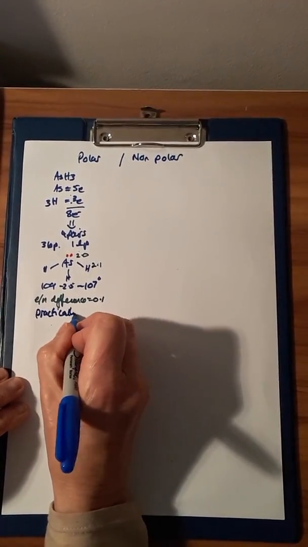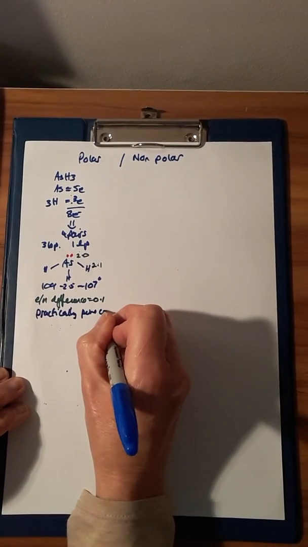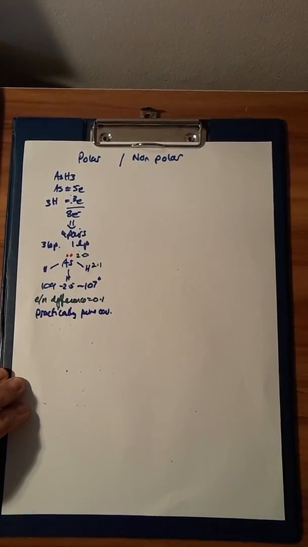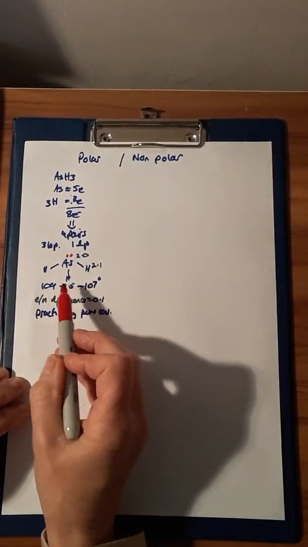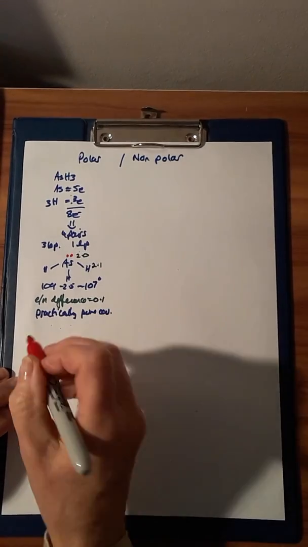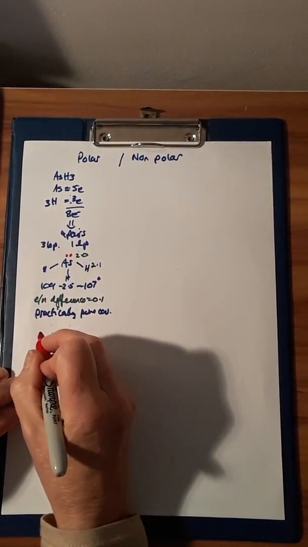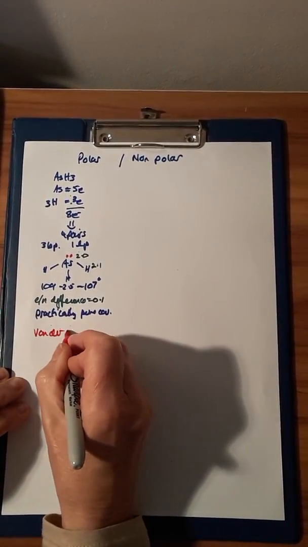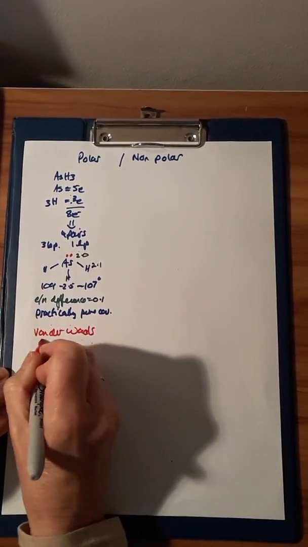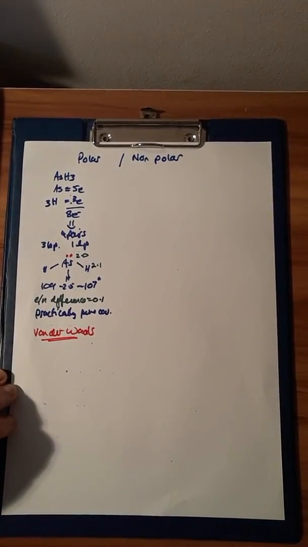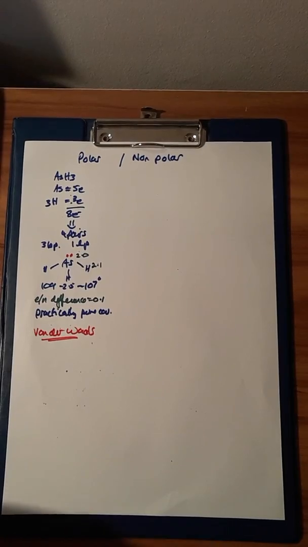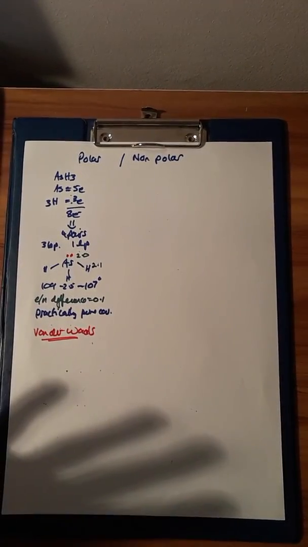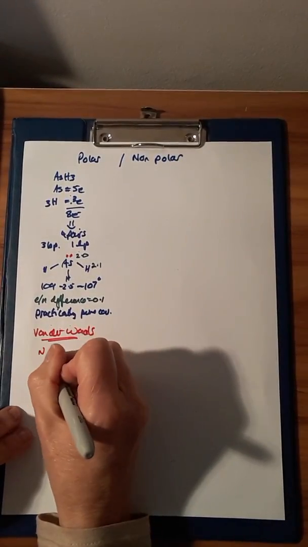It's much closer to pure covalent than polar covalent, which means that the forces of attraction between these arsenic hydride molecules are mostly van der Waals forces. So you've got van der Waals forces of attraction. No dipoles then, absolutely no dipoles.